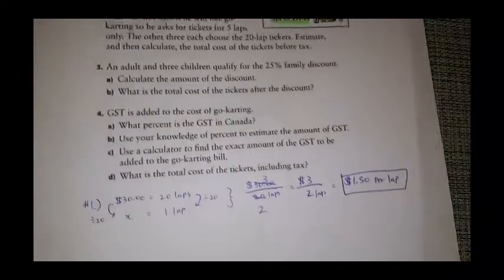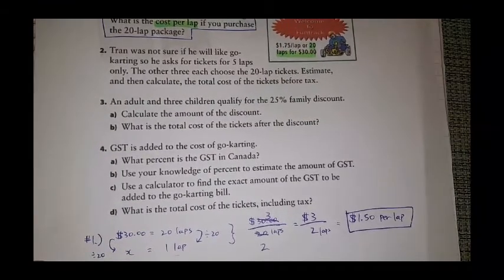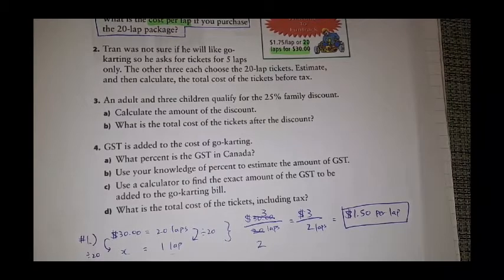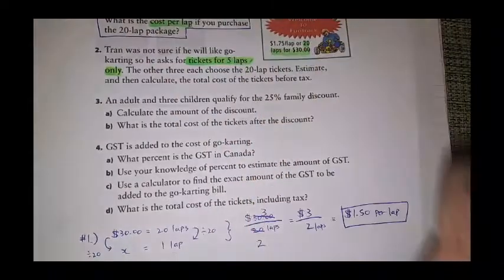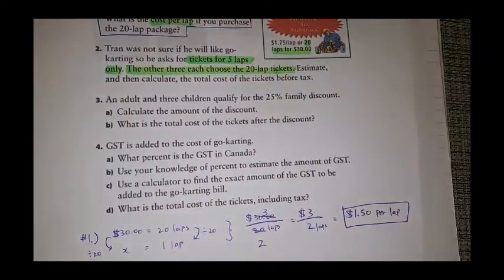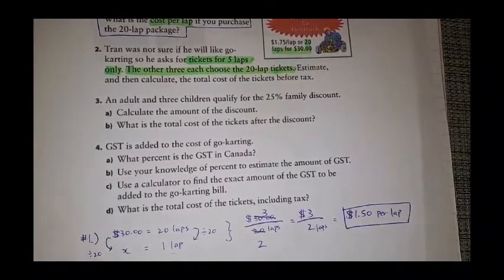Now, we're going to go to number 2. I want you to only copy what is important, even though I'm going to read the whole thing. Tran was not sure if he will like go-karting, so he asked for tickets for 5 laps only. The other 3 choose 20 lap tickets. We are going to estimate and then calculate the total cost of tickets before tax.